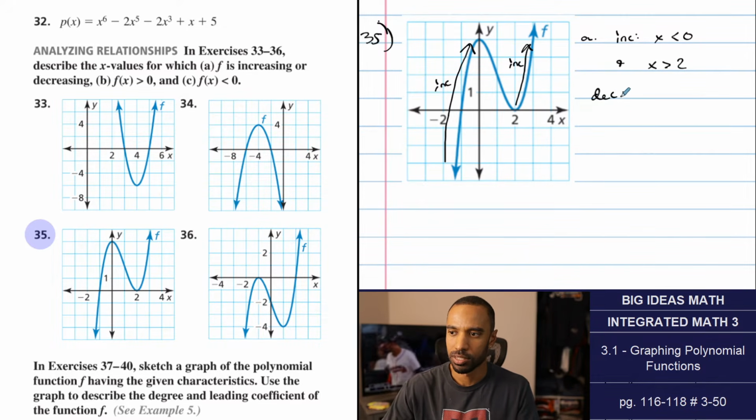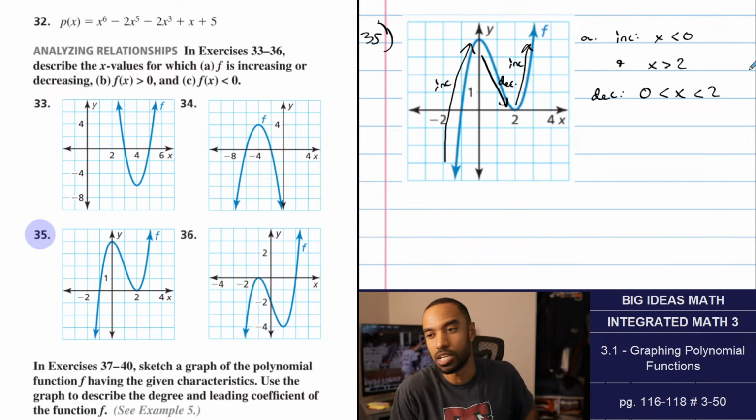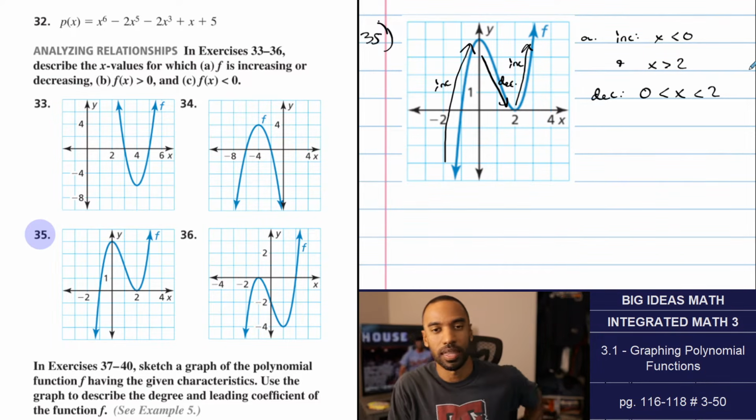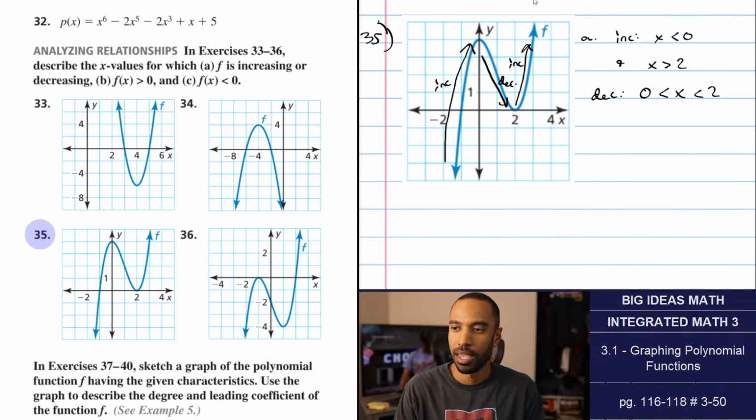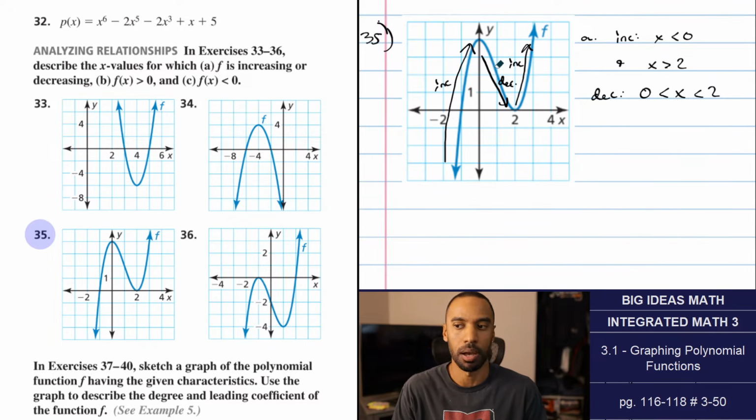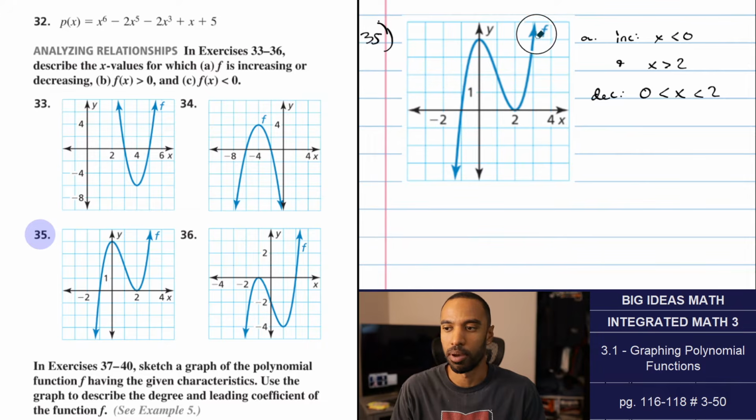We decrease just between 0 and 2. Remember, increases and decreases don't have to do with positive and negative. Increases are just when it's going up, not when it's above 0. They ask when it's above 0 and below 0 on parts B and C.